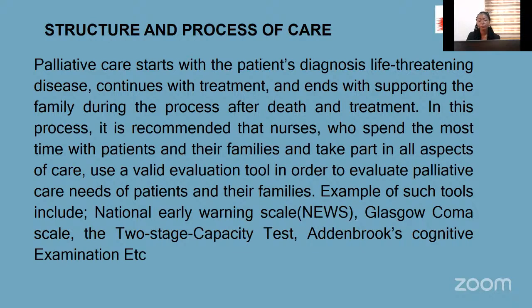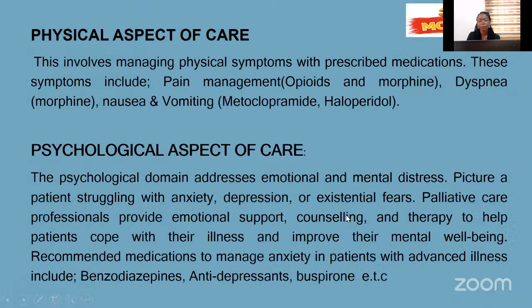The next evaluation tools are two-stage capacity test, Addenbrooke's cognitive examination scale. So these are those tools that will help you in your structure and determining the process of care you will administer.